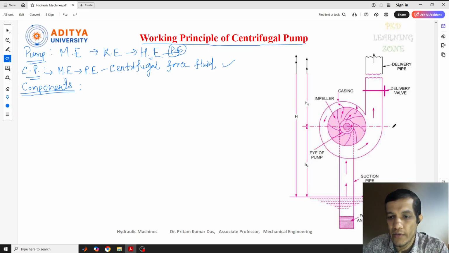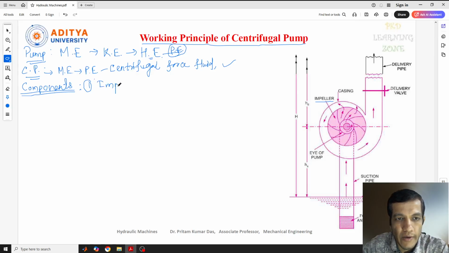The impeller is one of the main components. Previously we used to call it the runner, so here it is taken as the impeller. In the turbine case, if you have seen, we used to call it the runner mostly.